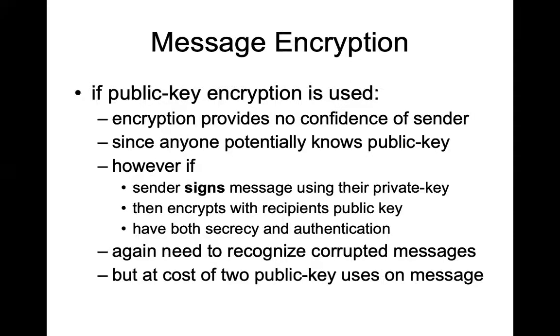So of course, if public key encryption is used, as you remember, when Alice was sending a message to Bob, Alice encrypts the message with Bob's public key, right? So even if the message arrives untampered, of course, in public key cryptography, you'll not know who sent the message, unlike with symmetric key encryption, because there only Alice and Bob share the key.